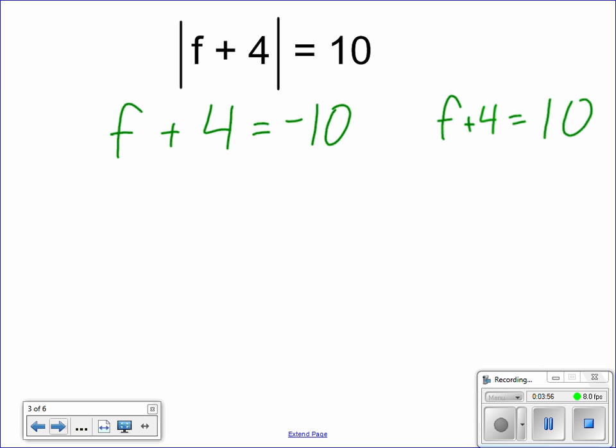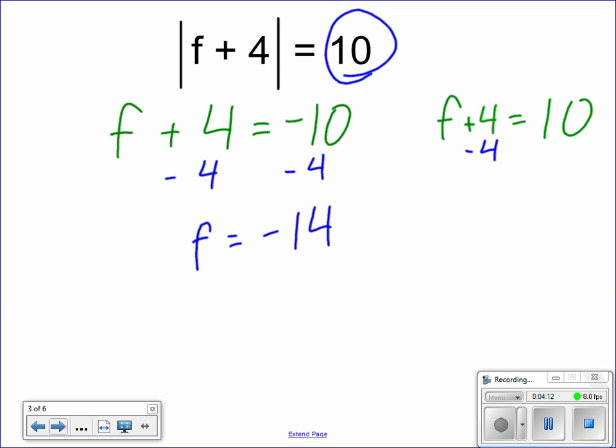So when I get just the absolute value equals something, I know I need the negative and positive value of 10. So I solve this, minus 4, f equals negative 14. Minus 4, f equals 6.